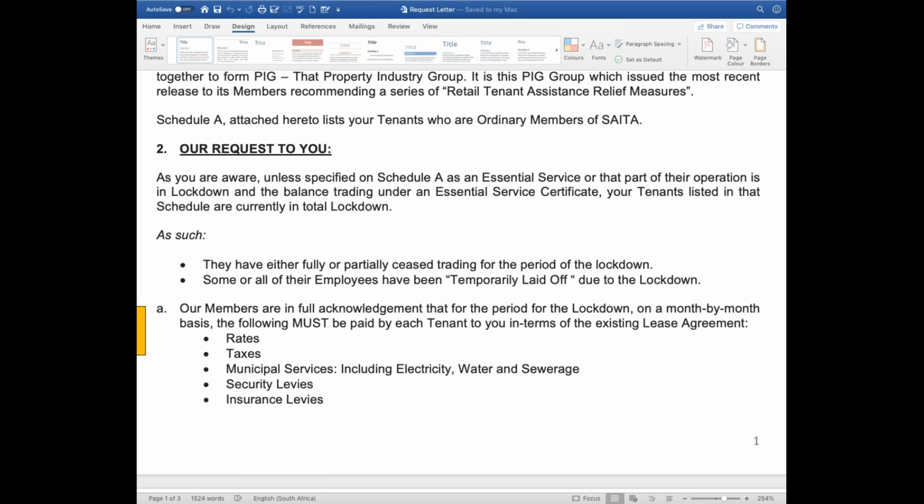Let's take my house. I am essentially responsible for levies, for taxes, for everything as the owner. So in this case, the landlord is responsible for paying that.